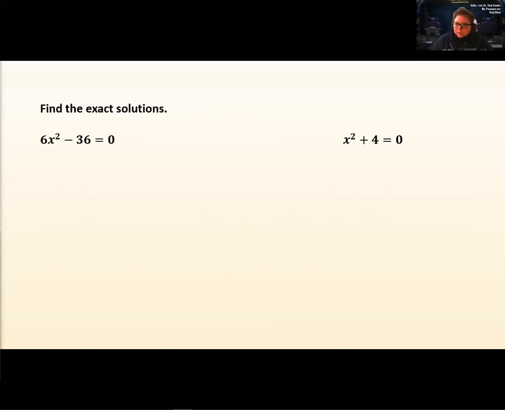If we're looking at this first one and we want to find the exact solutions, how would we go about this for 6x squared minus 36 equals 0?